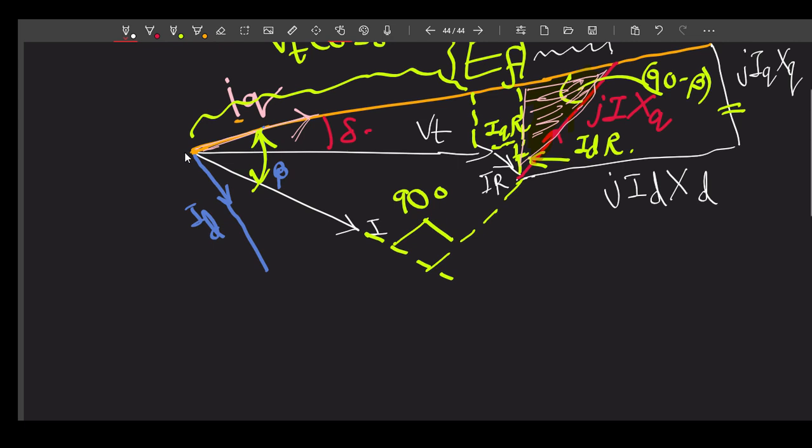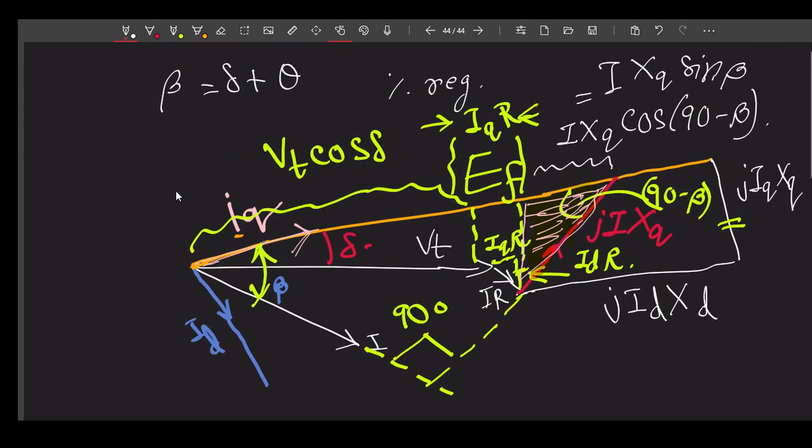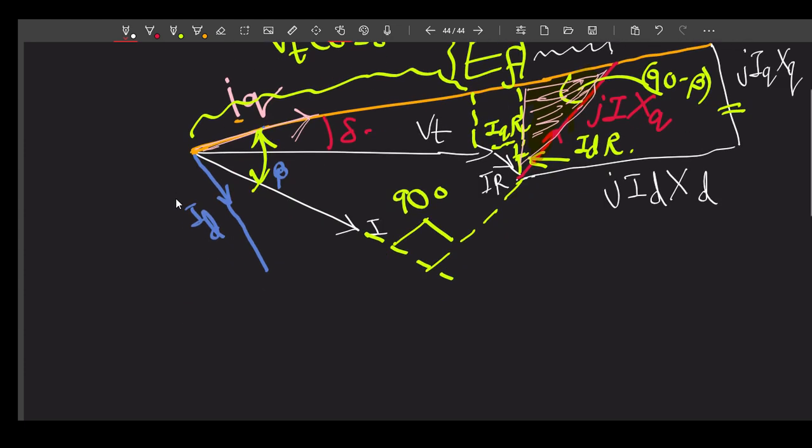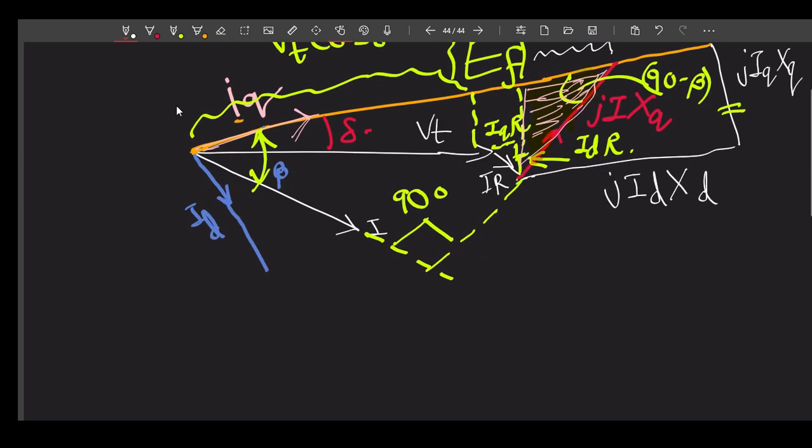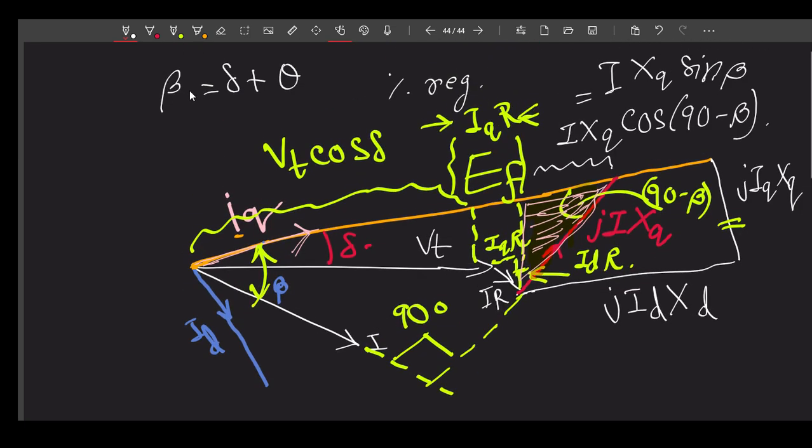Now what about cos beta? Like this one will be how much?